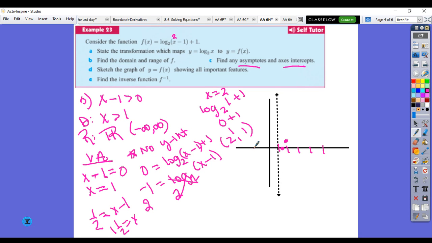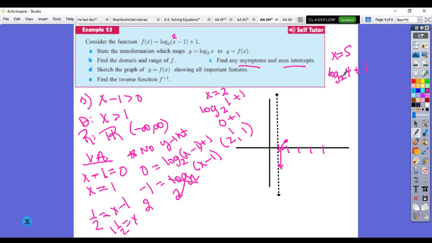Now, when you're working with logarithms, first of all, we can kind of see how this is going to go straight down here. Another value, if we're doing base 2, what number could I plug in here that I can find a value for? If I plug in 5, that gives me log base 2 of 4 plus 1.